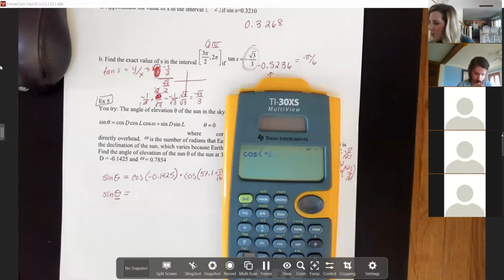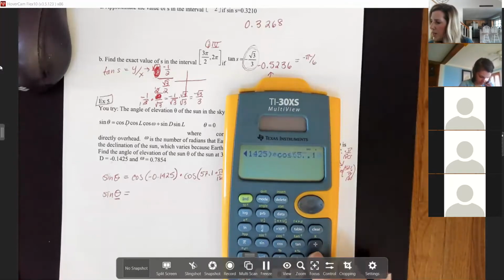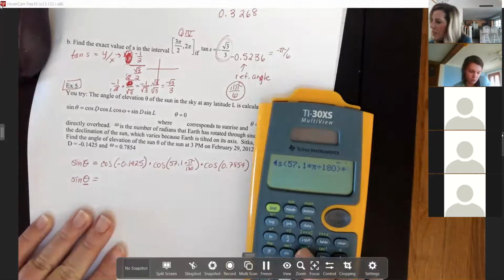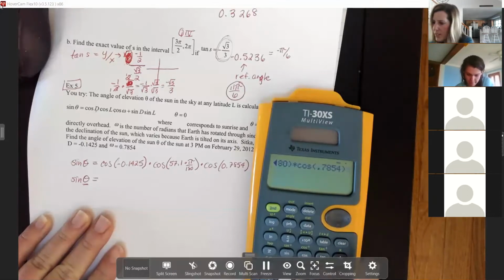Negative, so that's probably the hardest part. 0.1425 close parentheses times the cosine, and it starts the parentheses, 57.1 times pi divided by 180 close parentheses times, the next one was the cosine of 0.7854 close parentheses.